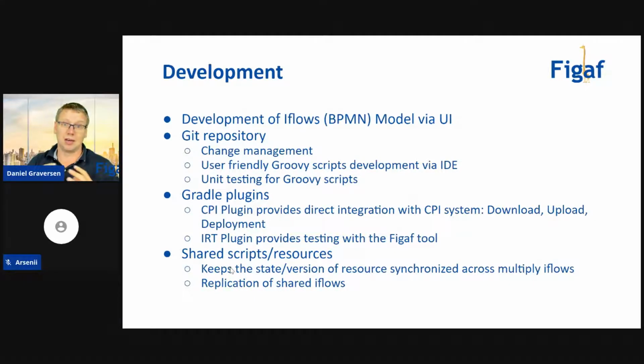So if you have created an iFlow that you want to use for 5 different company codes, it's also able to do that. Obviously that's something we can only do in the Figaf tool, because if you want to do it with the Git flow, it becomes a lot of different code on how to handle these things, managing and copying the iFlows and stuff like that.